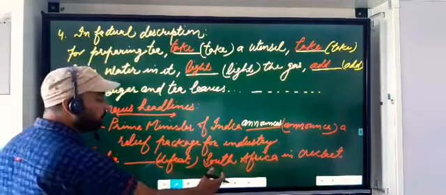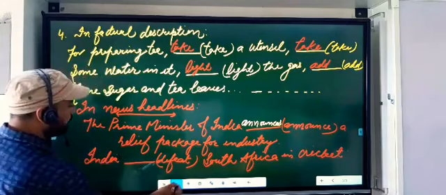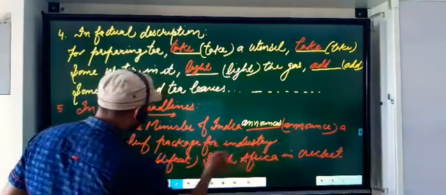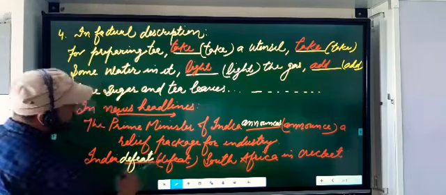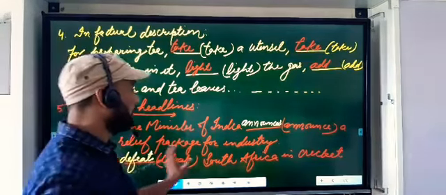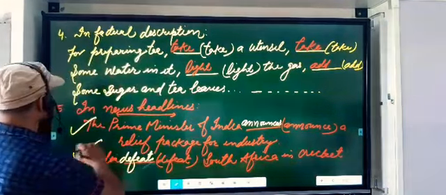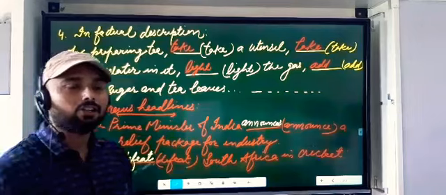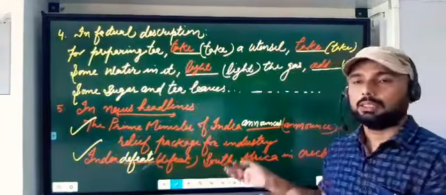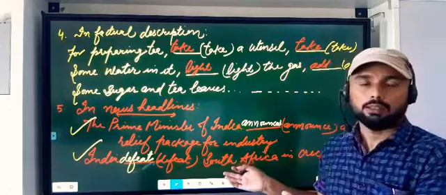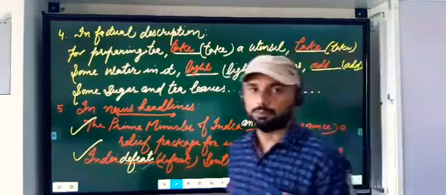When this news appears on a TV channel, then it will be in present indefinite tense. India defeats South Africa in cricket. So here, when any action that has already happened becomes news that appears on a news channel, तो scrolling headlines will be in present indefinite tense.